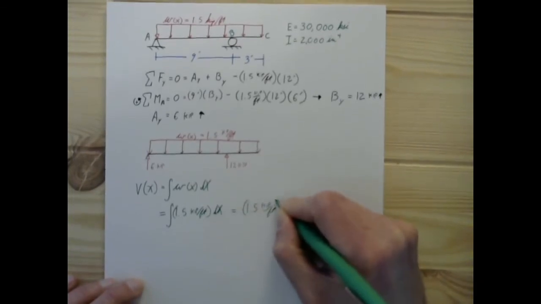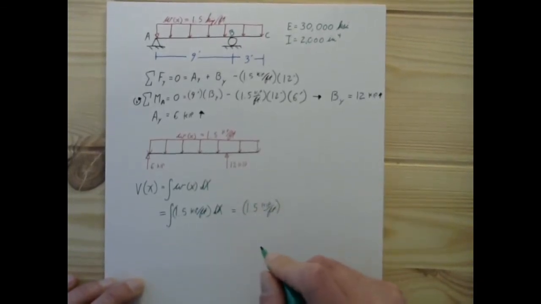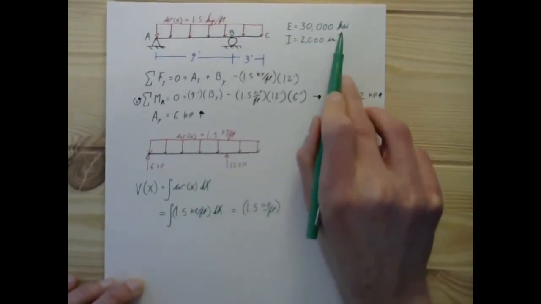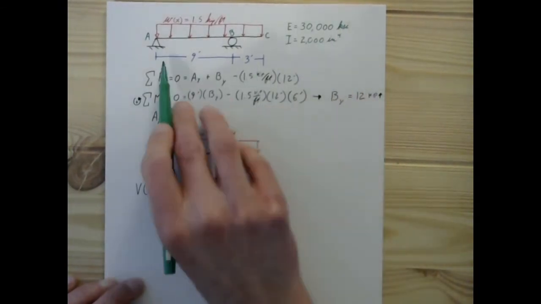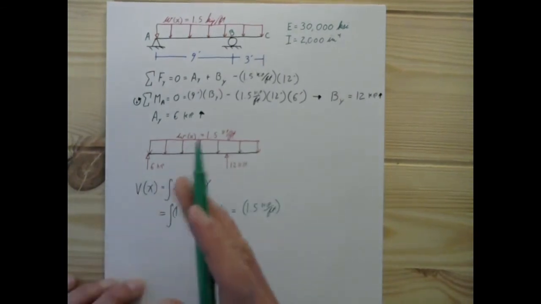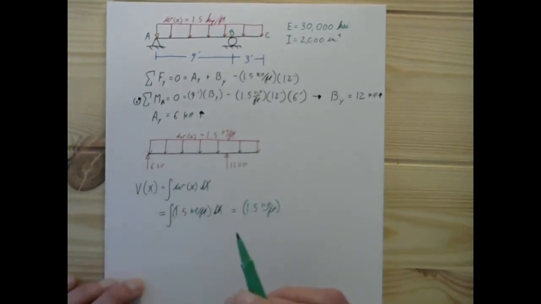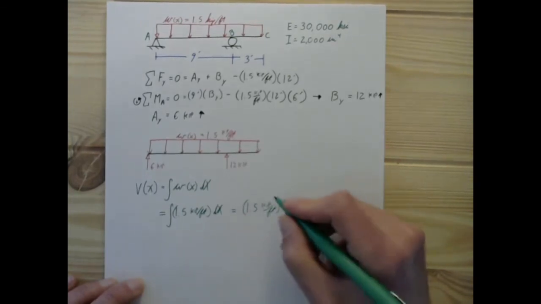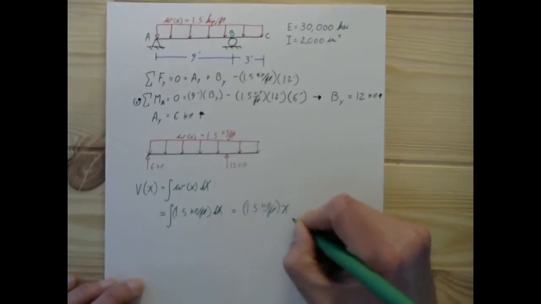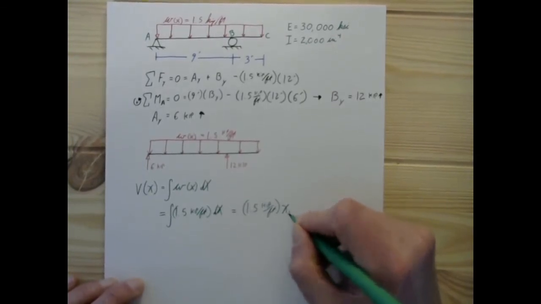This is extremely important to maintain your units throughout, because E is given in ksi, I is given in inches to the fourth, and these lengths are given in feet, so we're going to want to keep track of how much of this is done in feet and how much is done in inches. I'm going to call this x1.